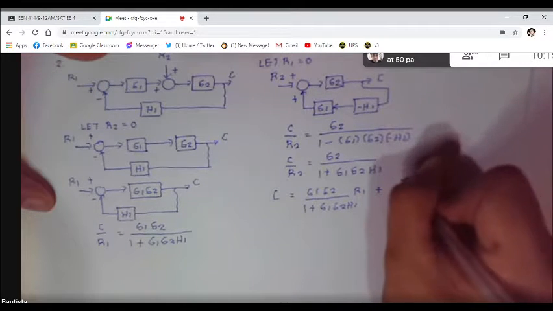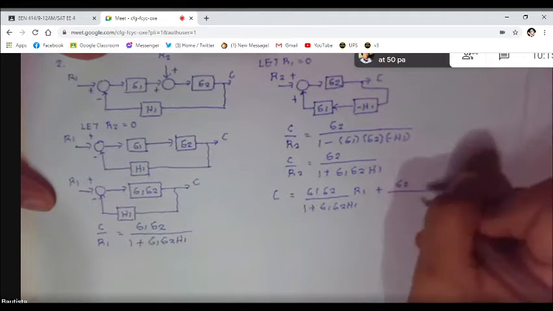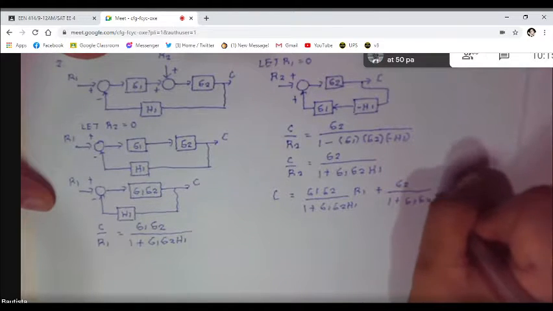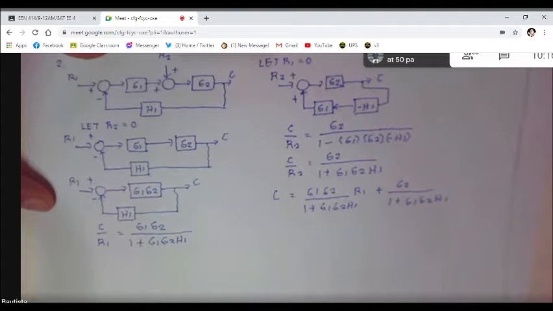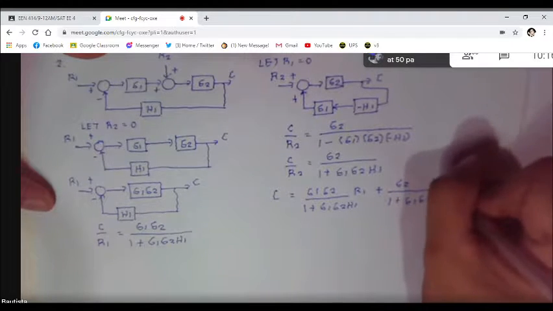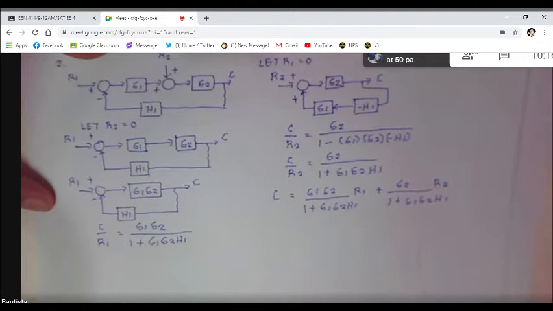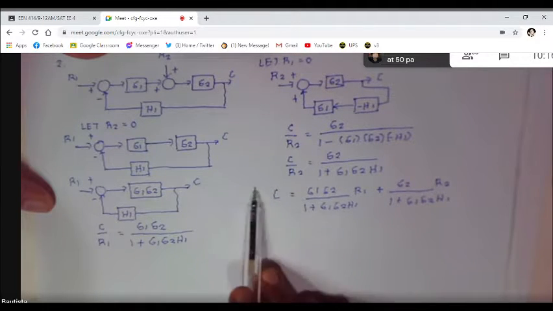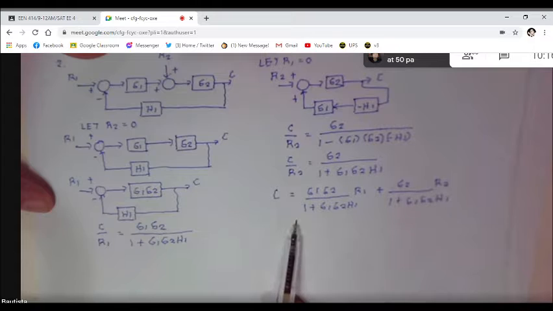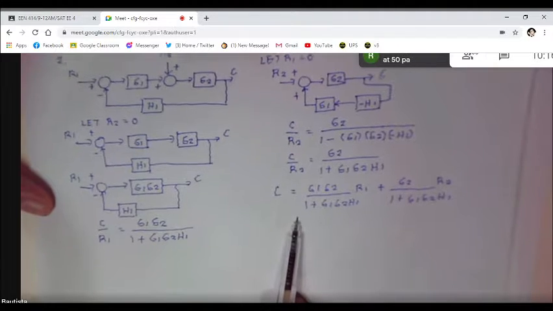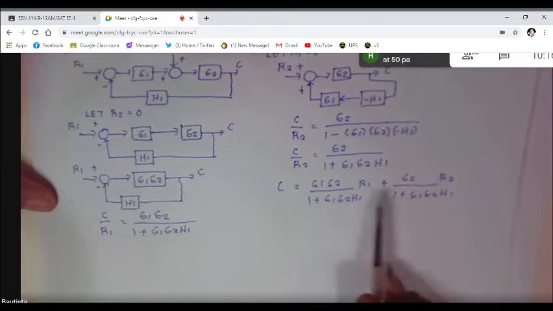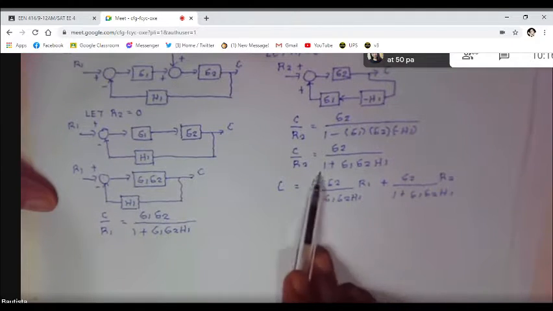Okay, you have G2 all over 1 plus G1, G2, H1. And you have R2. Okay? So, ganyan lang, huwag niyong ihalo kasi pag nag-a-analyze kayo ng system, halimbawa, dalawa ang input ng system mo, pwede mong gawing 0 ito, automatic ito buong 0.